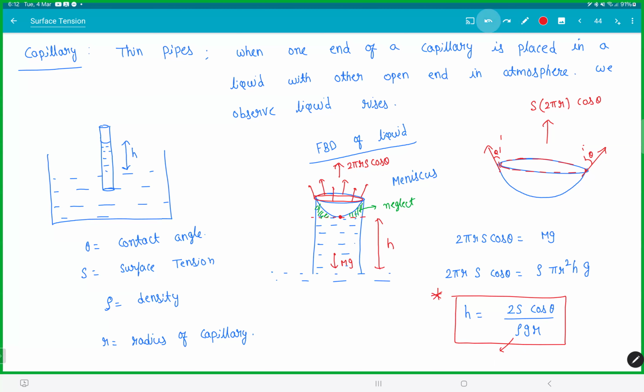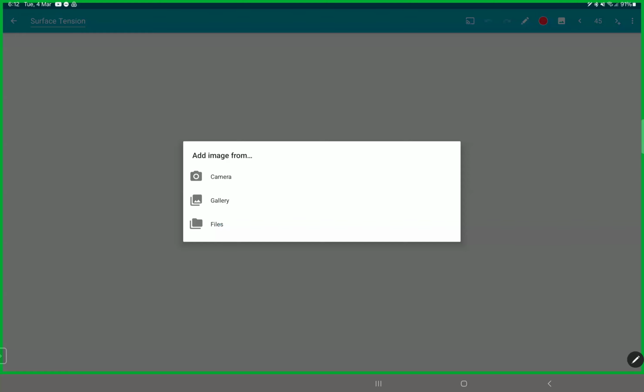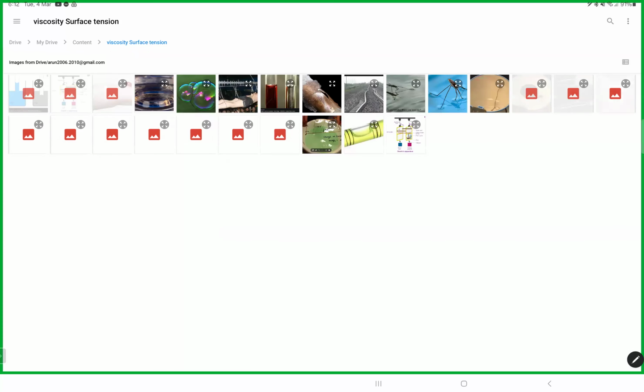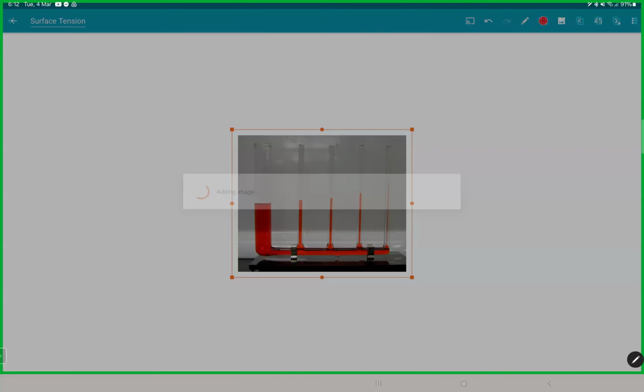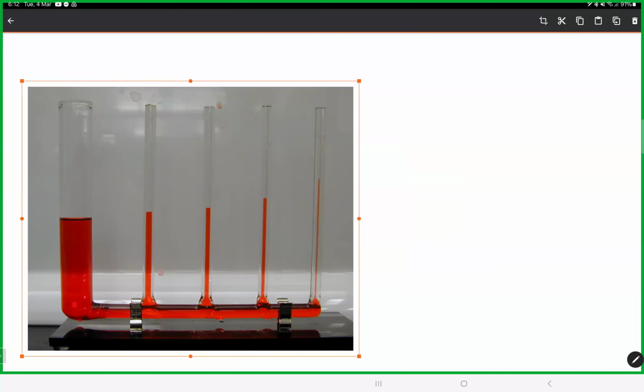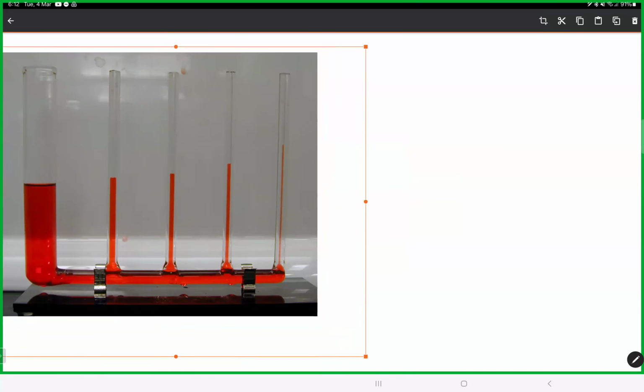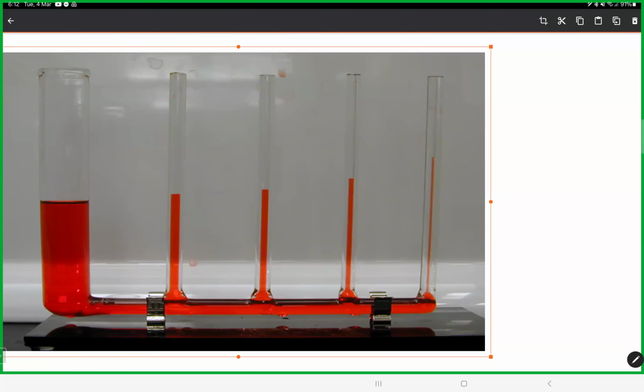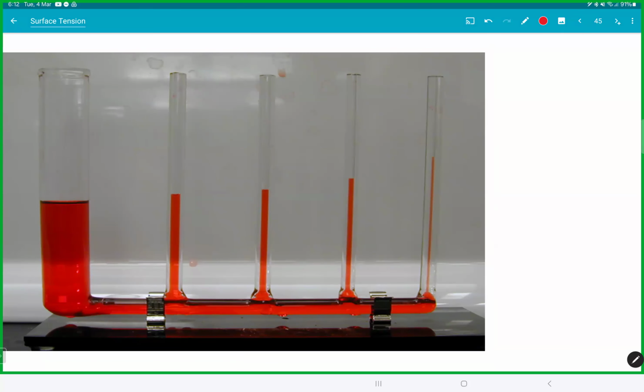But look at the picture there, the FBD. Again, we just did an FBD there. Let me show you how this would have looked. There, see. Now, in fluid mechanics, we studied that if you take a U-shaped pipe and pour liquid, we should get the same height.